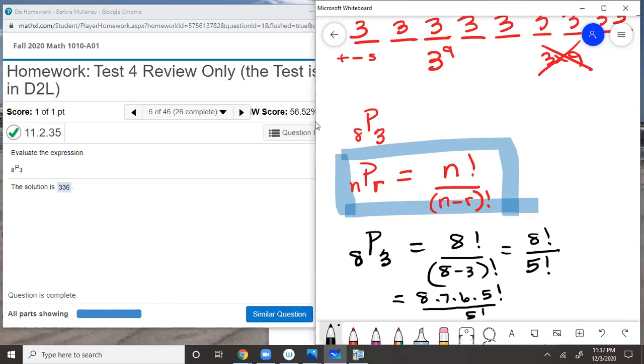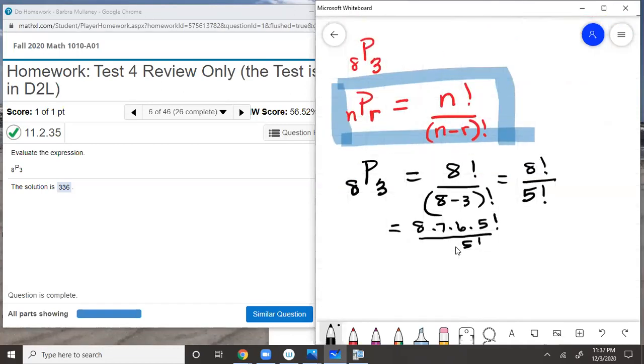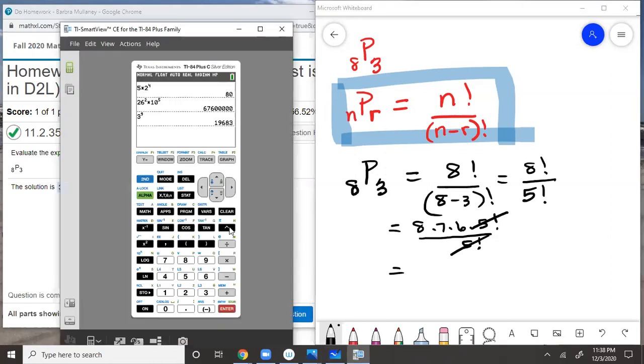So if you don't have to expand it, there's no reason to, since it matches what's in the denominator, and I can cross that out now. All right, and if you want, you could expand it all the way out to 1, but that's not necessary here. And then we only need to put down 8 times 7 times 6 in our calculator. All right, and so the total number of permutations of 8 items taken 3 at a time is 336.